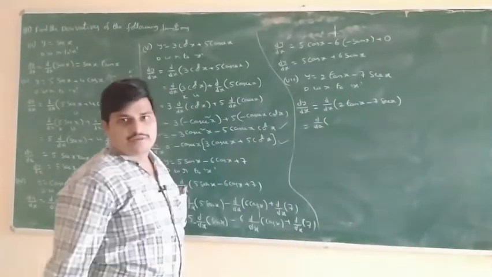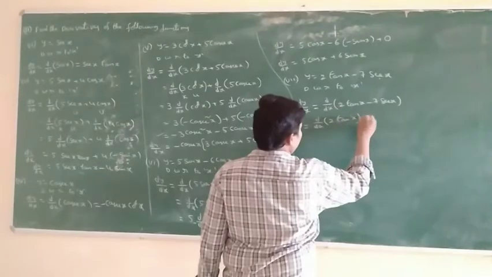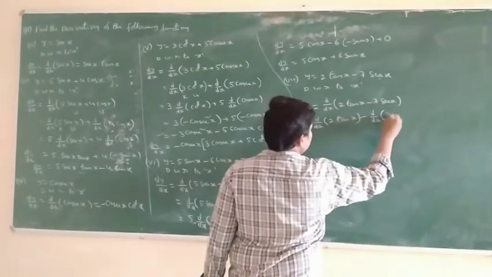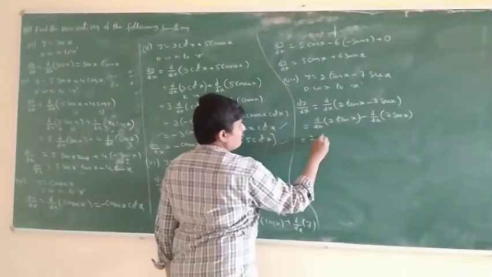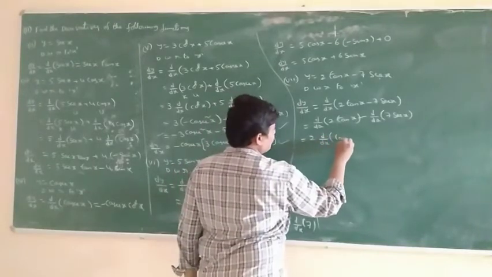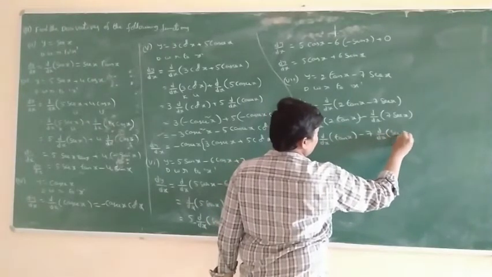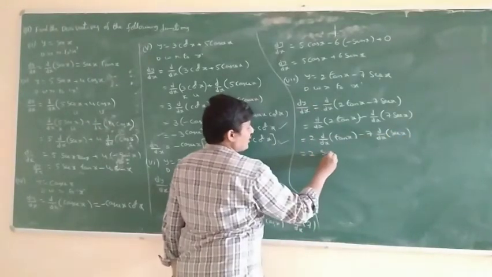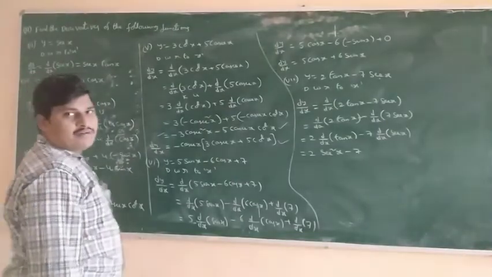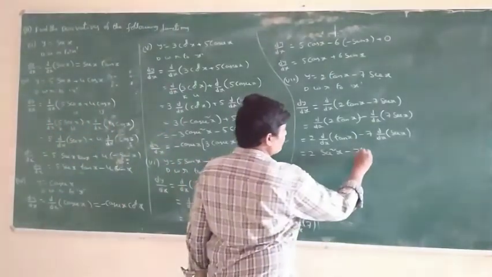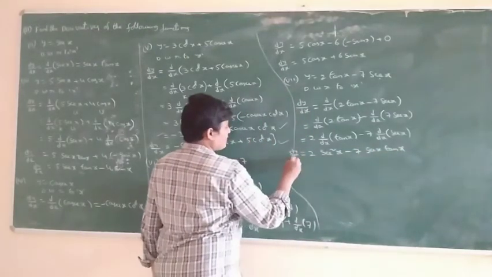Derivative of u minus v is equal to derivative of u minus derivative of v. So that is k into u: 2 into d by dx of tan x minus 7 into d by dx of secant x. 2 into d by dx of tan x, direct formula secant square x, minus 7 into derivative of secant x. Derivative of secant x is equal to secant x into tan x. This is the dy by dx.